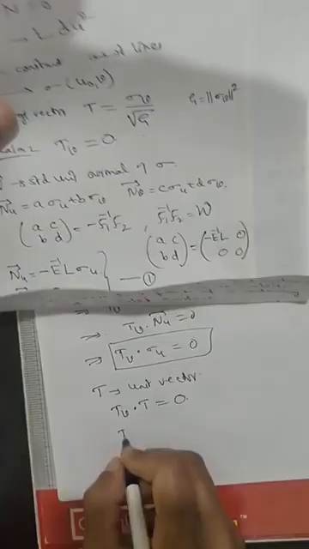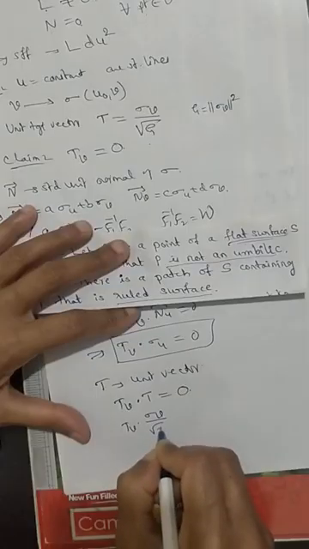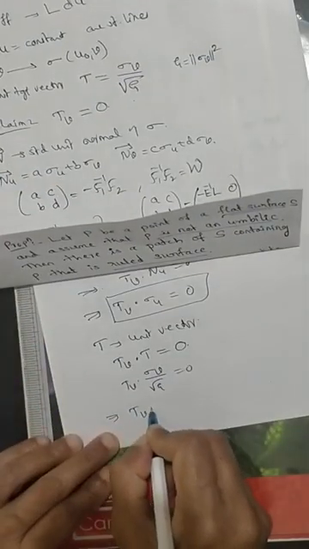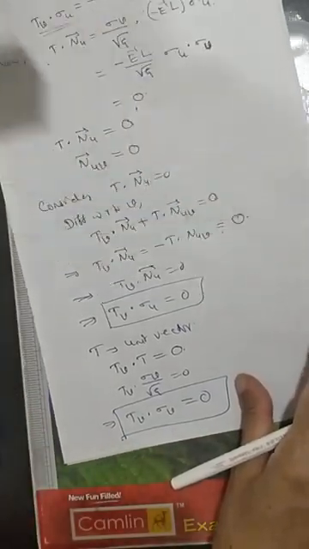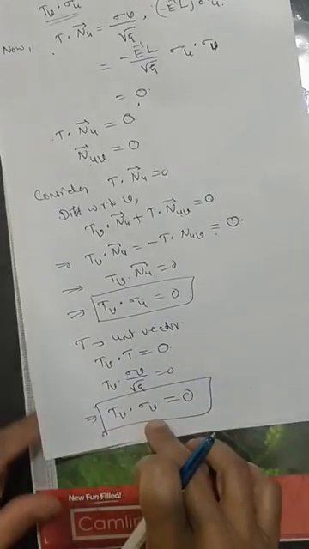So Tv dot sigma v divided by square root of g is equal to 0. So what does it imply? It implies that Tv dot sigma v is equal to 0. So I want this expression also. So here I got Tv dot sigma u is equal to 0. Here I got Tv dot sigma v is also equal to 0.